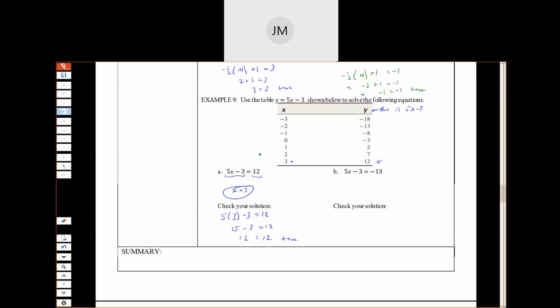Okay. The next one. Where is 5x minus 3 equal to negative 13? What I want to do is say, all right, this is my y value. I want to find out when y is equal to negative 13. Here it is. And that happens when x is equal to negative 2.